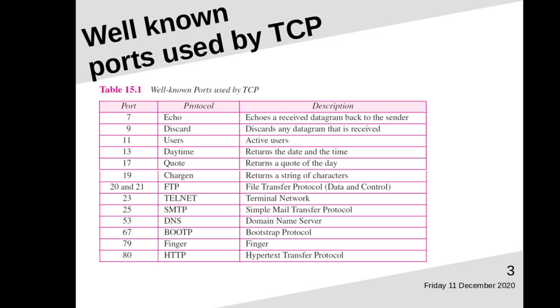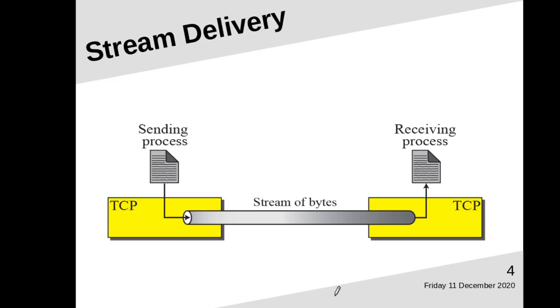Okay. Now the other thing you have to know is stream delivery of service. TCP is a stream oriented protocol. What happens in UDP, we will say a process sends messages with predefined boundaries for delivery.